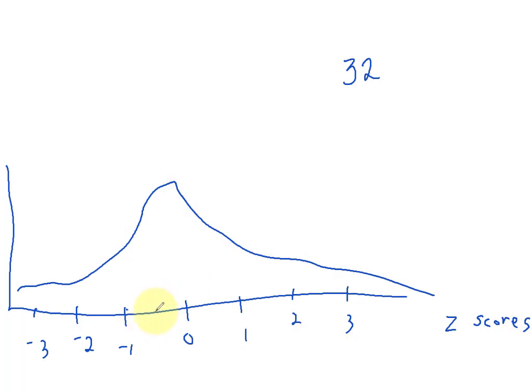So his score would be roughly here, right? Negative 0.67. That's a z-score, right? So that somebody's going to have a z-score of negative 0.67.